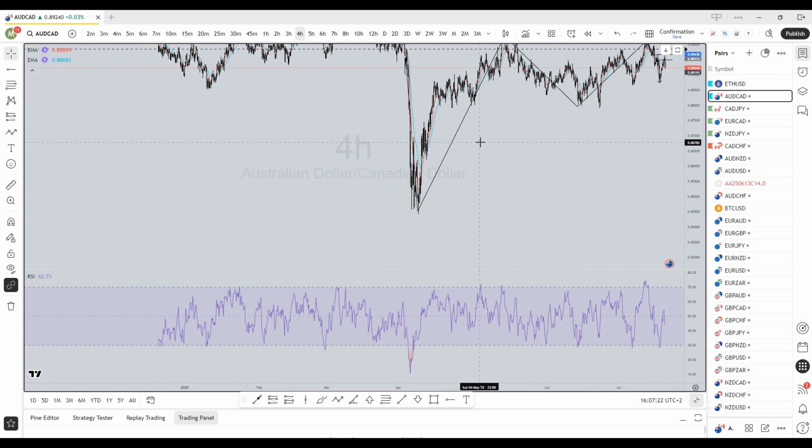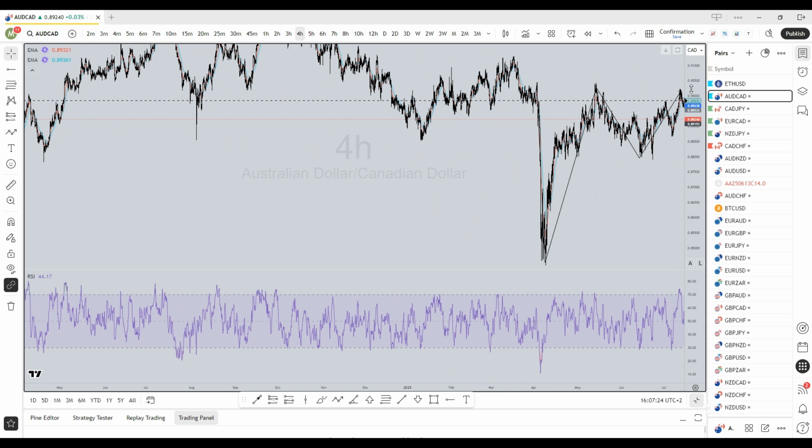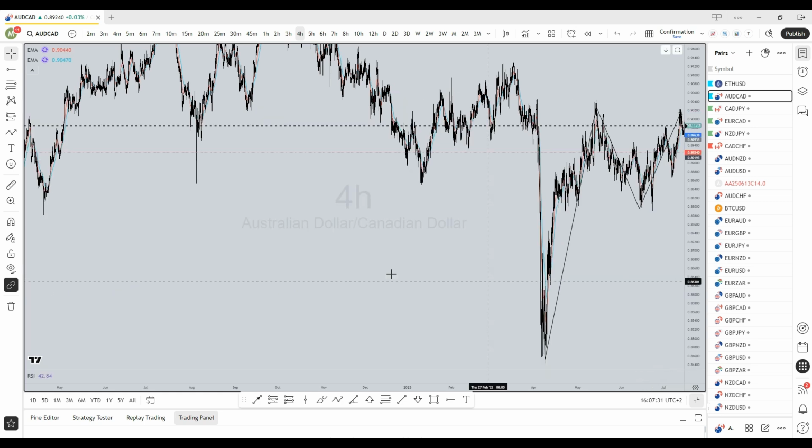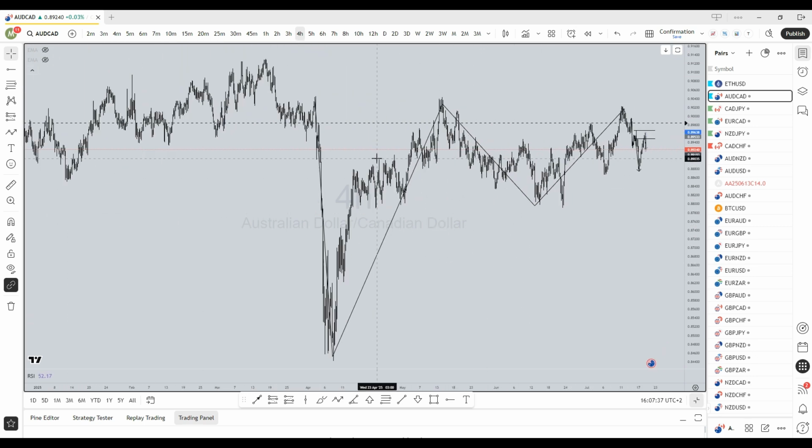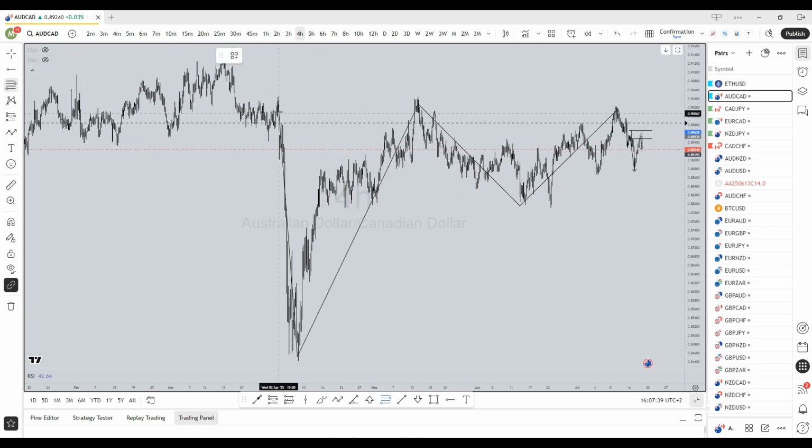So if you look at this closely, let me just get these indicators out of the way, get that out, get this out, get that out. So if you look at this closely, you can see that there's a level of supply there.